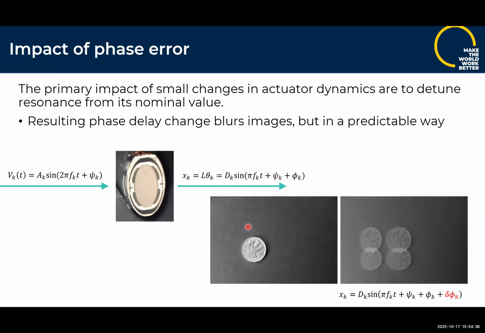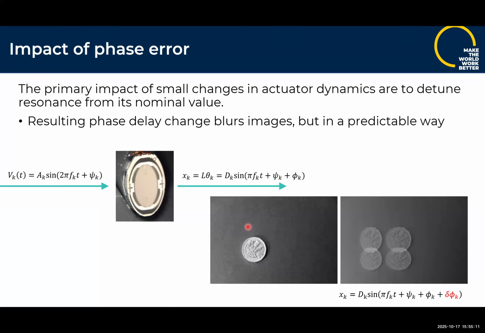And then, if it's a nonlinear force, it may be at a separate frequency, with your intended phase angle plus whatever mechanical phase angle dynamics there are in the system, or electromechanical dynamics of the system. If you know these perfectly, you're good. But in practice, there's some perturbation added on because we don't know these. Even if we calibrate it on the benchtop before we go into an organism, go into an animal model, say, it will drift and change enough to cause image blur.